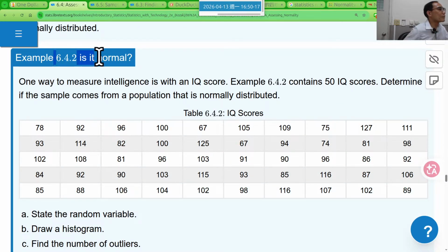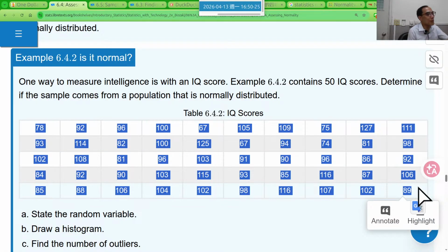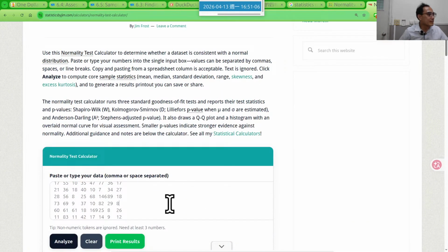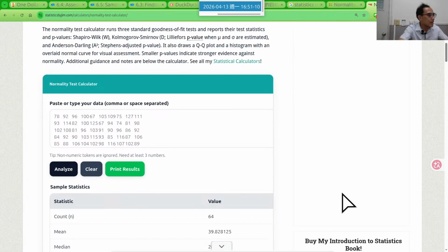How about trying this one, Example 6.4.2? Please copy and paste it to the website. I copied and pasted it here, then analyze.